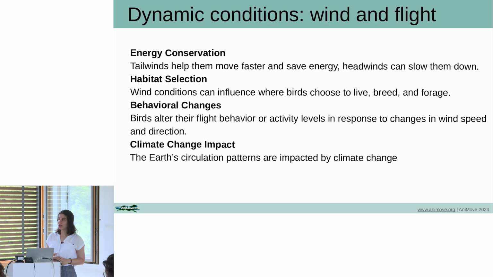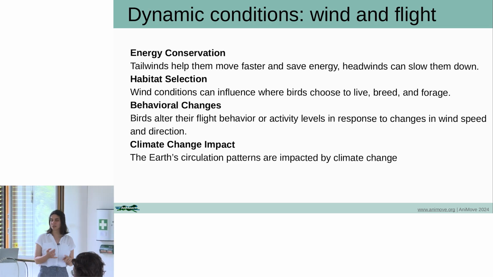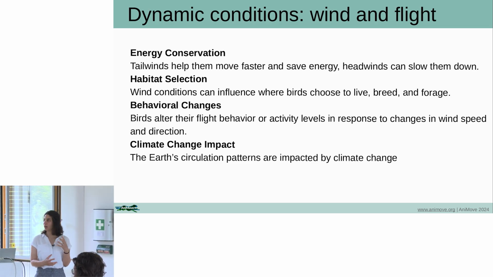Wind conditions are really important for birds, for their decision to live somewhere, to breed, and also forage. So it's decision making at the smaller scale, like on a foraging trip, but also the larger, macroecological scale of where birds are distributed.